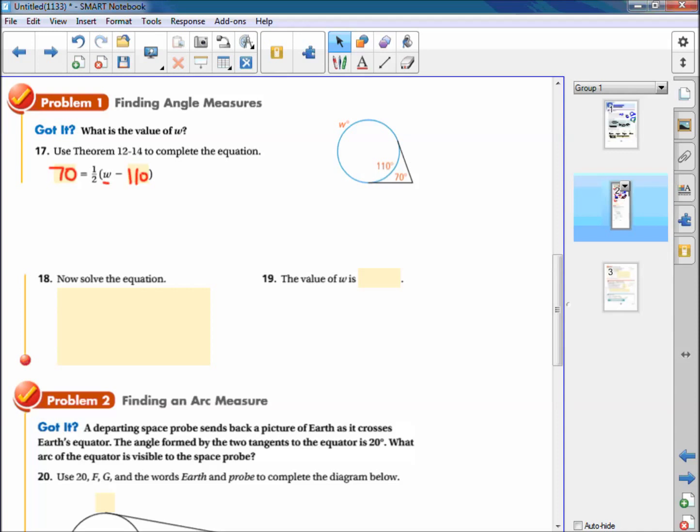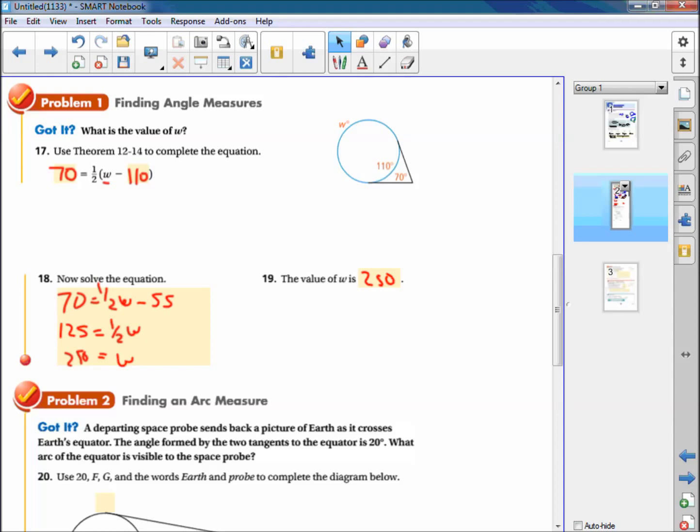Now we're going to solve this equation to find out what w was. So 70 equals 1/2 w minus 55. Then we'll add 55 to both sides to get 125 equals 1/2 w. And then double them, and we get 250. So w is 250.